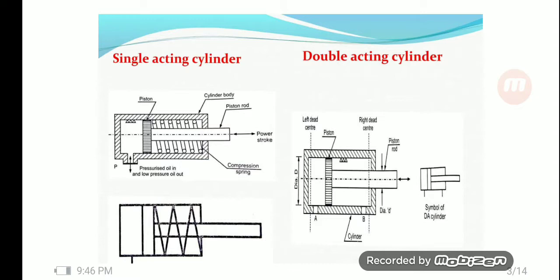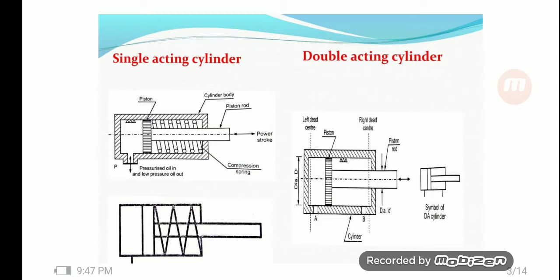The direction control valve is directly connected to the actuator's inlet. In this, there is no outlet or second port on the actuator. Instead of a second port, there is a spring which is compressed and released as per the pressure of the air.